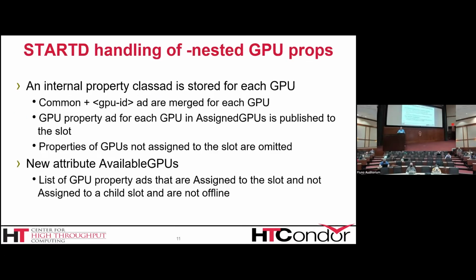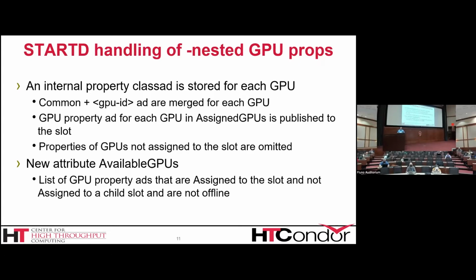When the startd sees this output, when the startd sees nested ads rather than simple attribute value pairs, then it behaves differently. It takes this common ad and the GPU specific ad, and it merges them together. And internally, it's creating a sort of collection of class ads. You can't see this from outside the startd directly, but it's creating this internal collection of class ads, which is the property ad for each GPU.